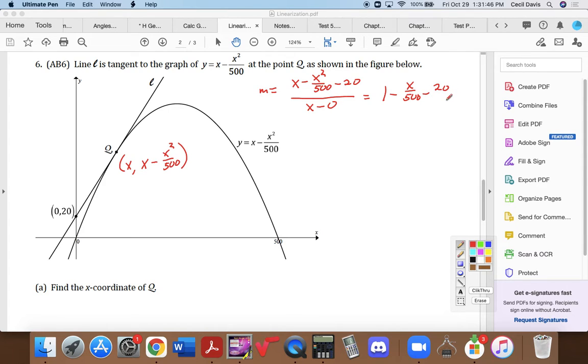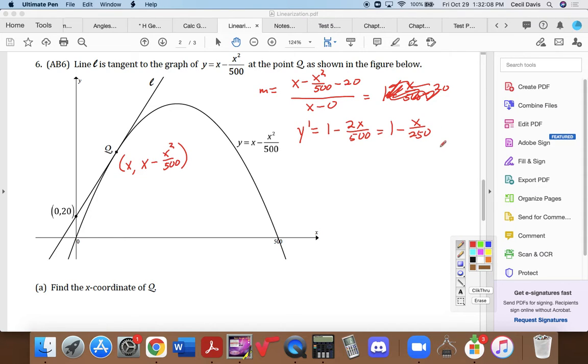You know what? I probably shouldn't do that. Never mind. You can do that, but I think it makes it worse. And then y prime is 1 minus 2x over 500, or 1 minus x over 250.